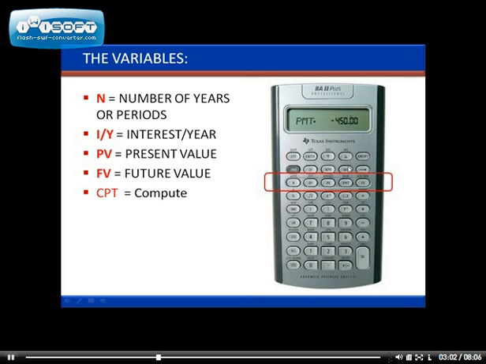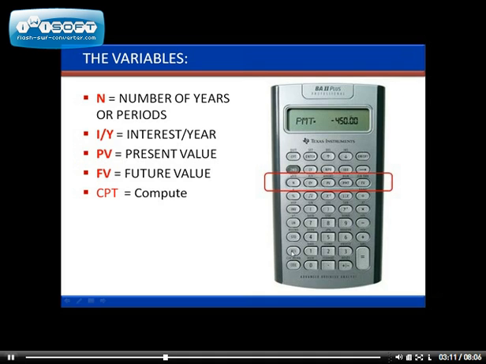All of the variables are in this box right here: the N, the I/Y, PV, future value. And the compute button is at the very top.